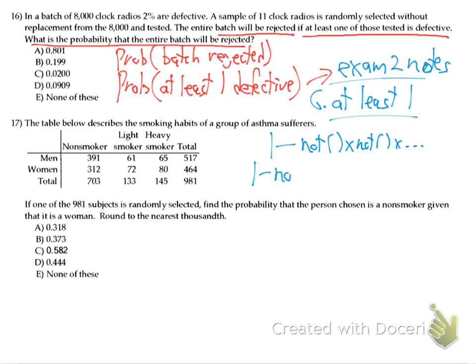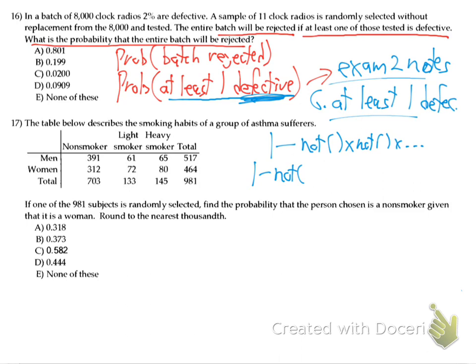So 1 minus not. One of the things you've got to be clear on is what it is not of, because it could be different things. It's always not whatever they're asking for. Here I mean at least one defective, so we're trying to find at least one defective.